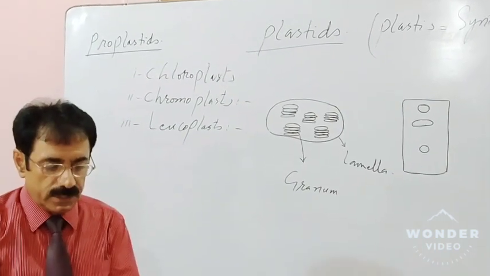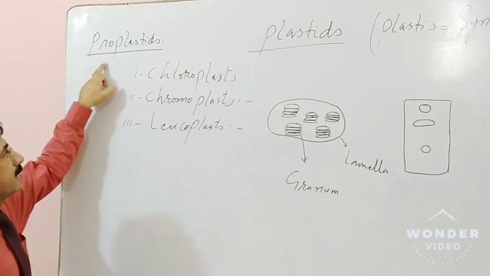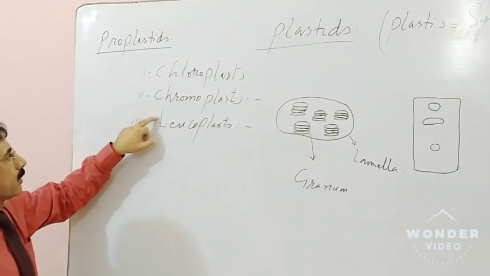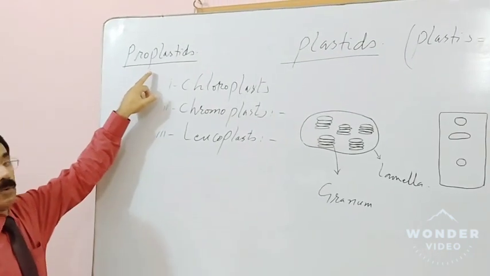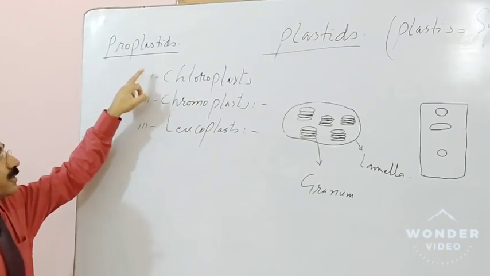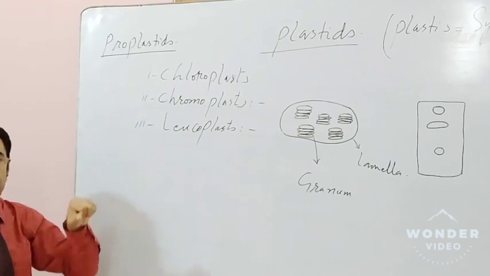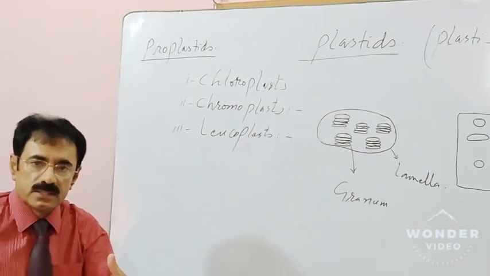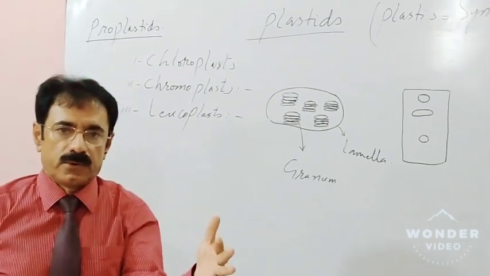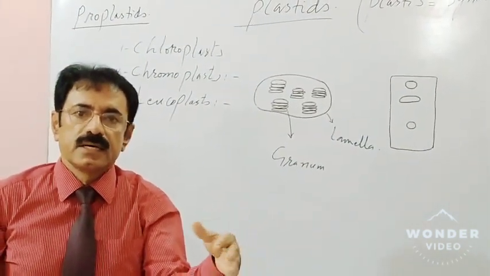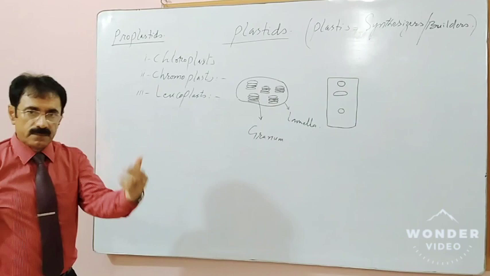These are the immature type of plastids. The chloroplasts, chromoplasts or leucoplasts are either produced from the proplastids or from pre-existing plastids by division process. Just like in the case of cells, cells are produced from pre-existing cells by division process.